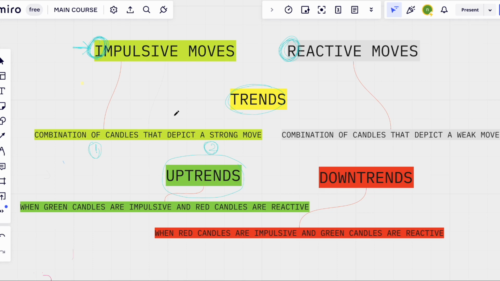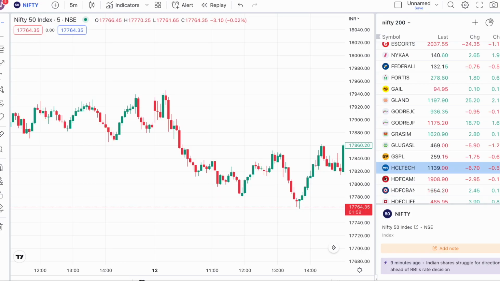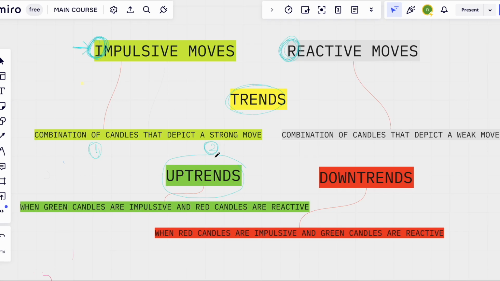That rule is very important. In the same way, for downtrends, when the red candles are impulsive and the green candles are reactive, we call it a downtrend. So once you are able to identify what is an uptrend and what is a downtrend, we're now going to find entries, so that we can trade the market.